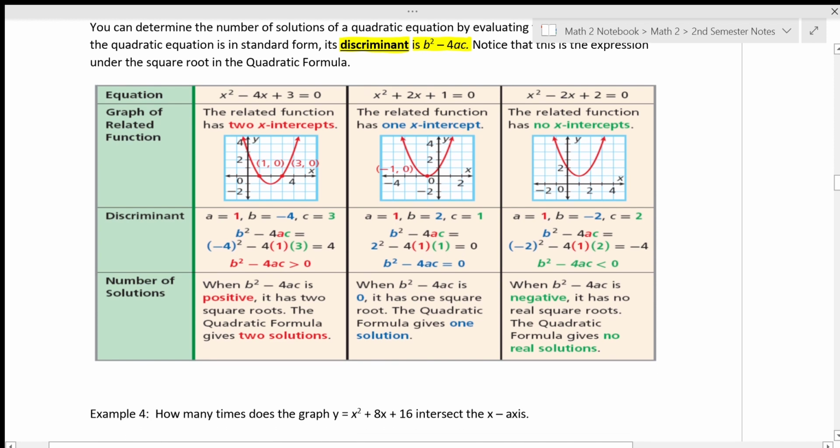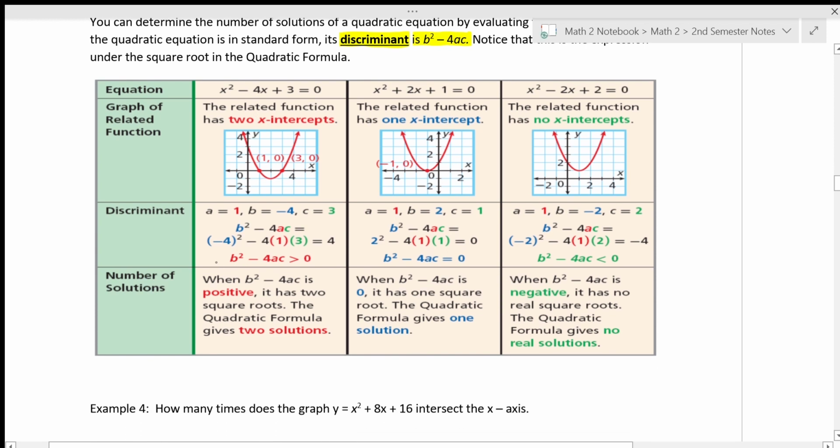If our discriminant is greater than 0, then we will have 2 solutions. If our discriminant is equal to 0, then we will have 1 solution. And if our discriminant is less than 0, then that would mean that we had a negative under our radical. And so that's when we get those no real solutions.